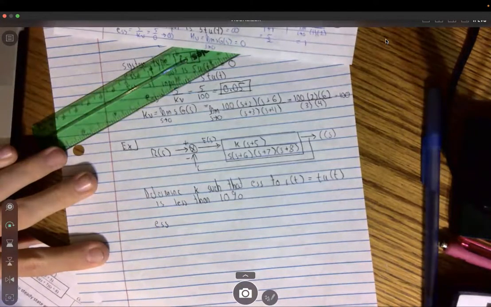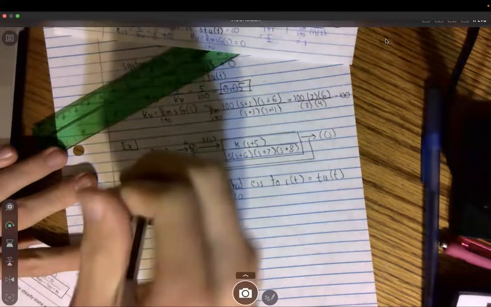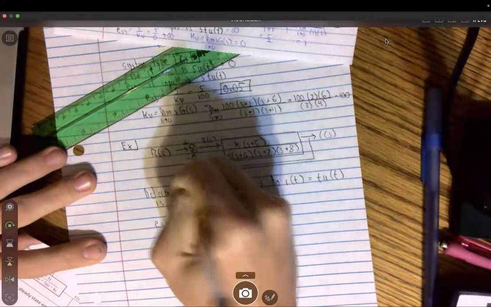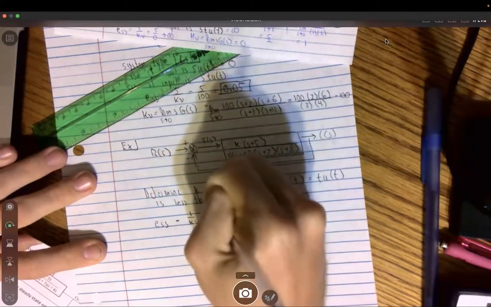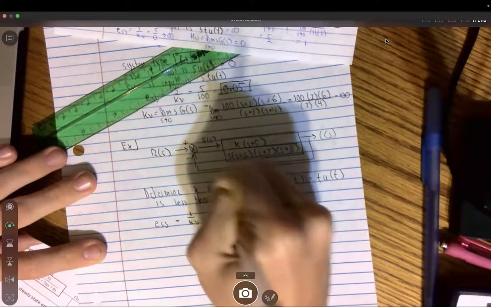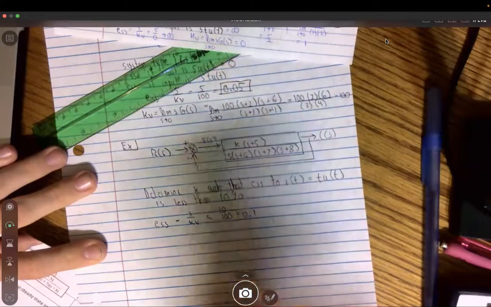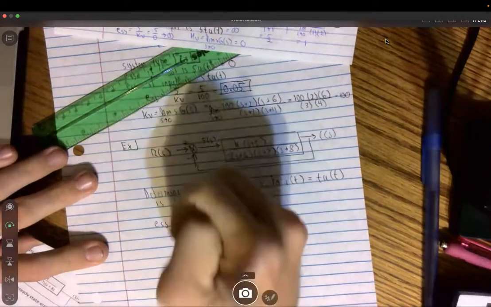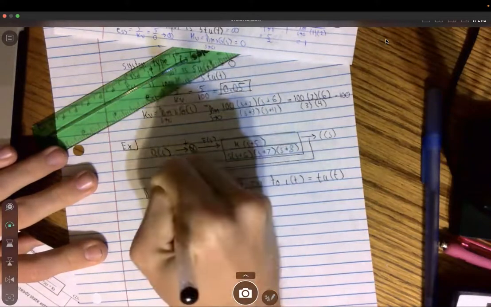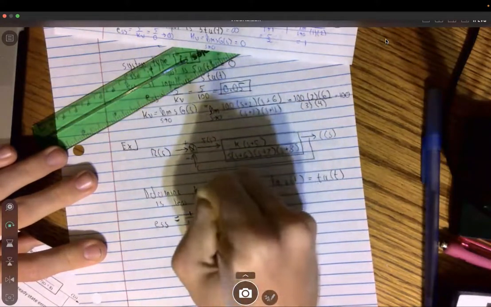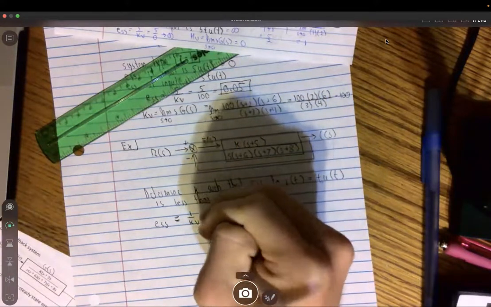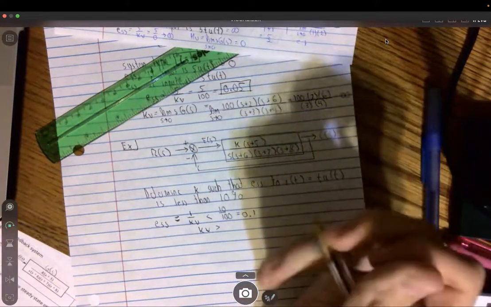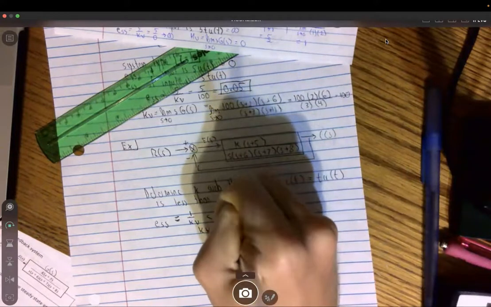So what we're going to try to achieve is for the error steady state, 1 over Kv, where we actually get a constant number, we want to make sure that it's less than 10 over 100 because that's 0.1, which is 10%. So we need to ensure that Kv is going to be greater than, and when you multiply Kv in order to get it into the numerator, it's going to be greater than 10.